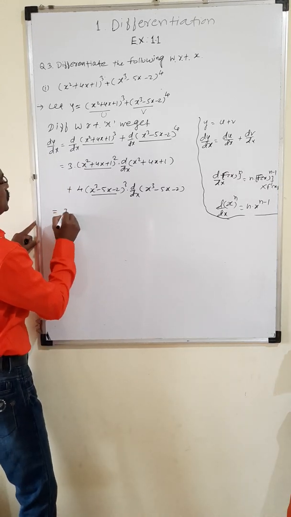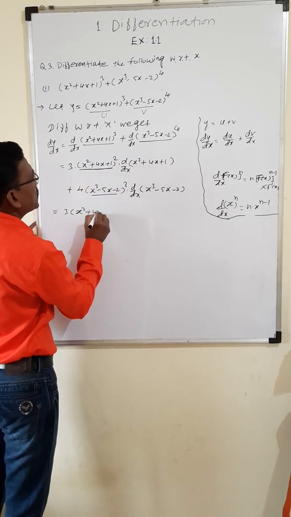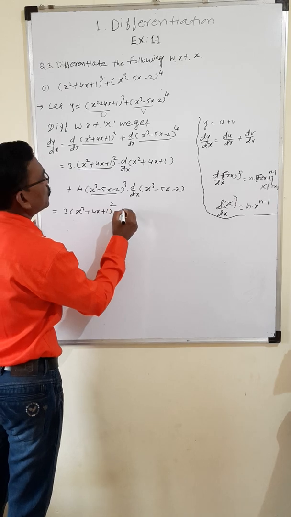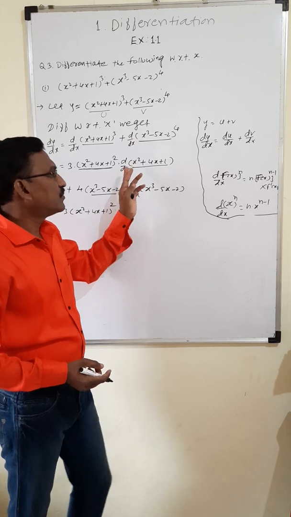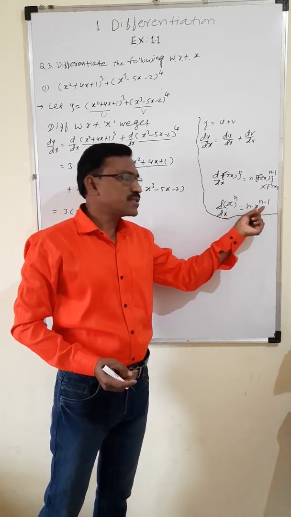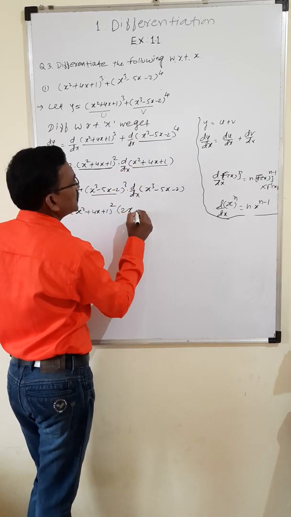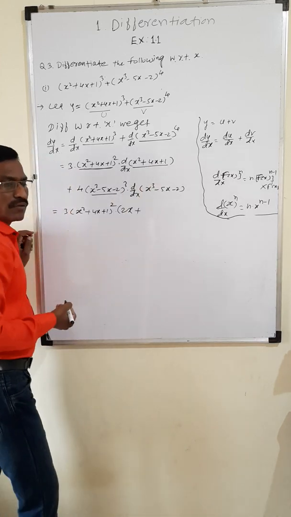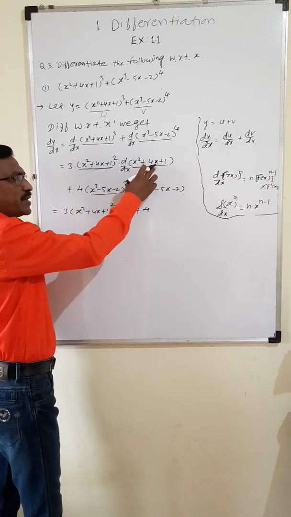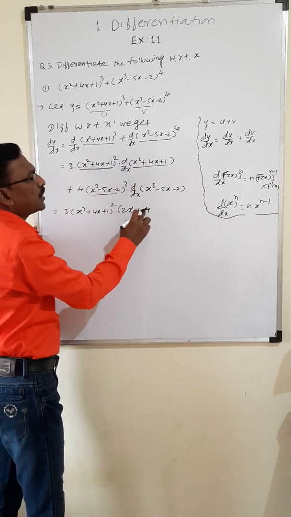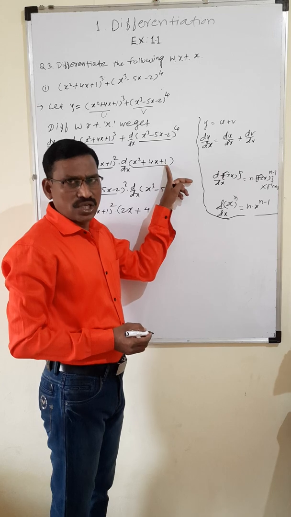It is equal to 3 into (x square plus 4x plus 1) whole square into the derivative of this function. Derivative of x square is 2x, plus derivative of 4x with respect to x is 4, because the constant 4 stays as it is and derivative of x is 1, so 4 into 1 is 4, plus derivative of constant 1 is 0.